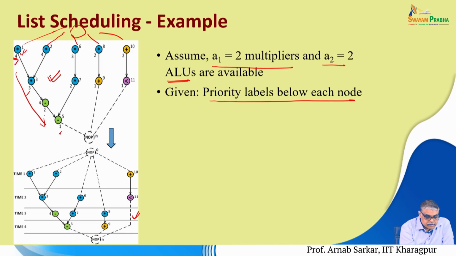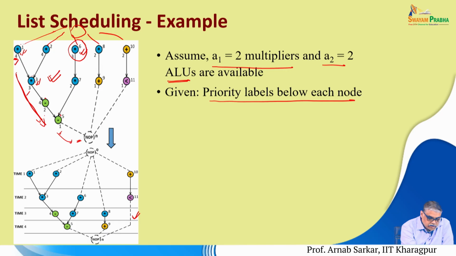Why? Because 4 operations must be completed in order to complete this path. This operation has been given a priority of 3, because 3 operations must be completed in this path. Here this node 6 has also been given a priority of 3.